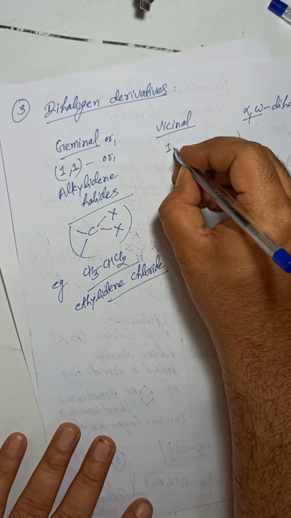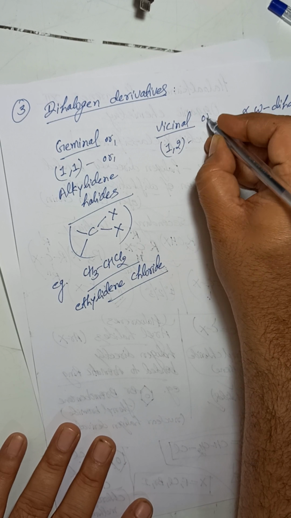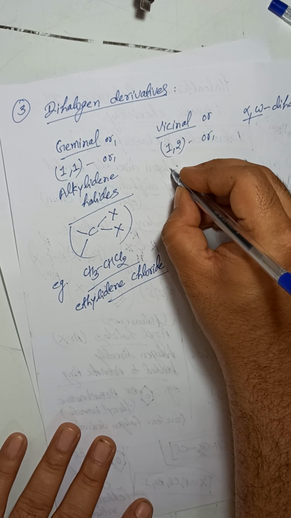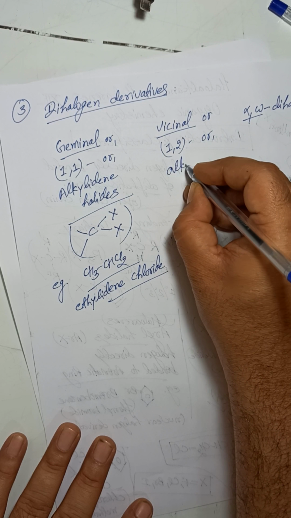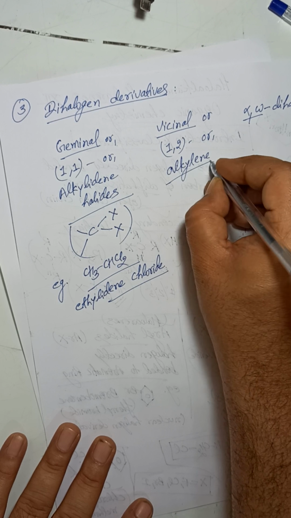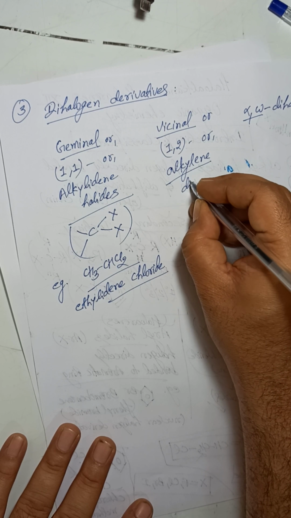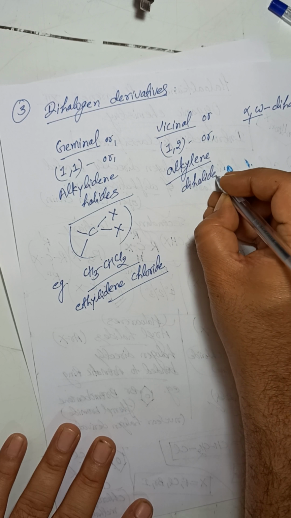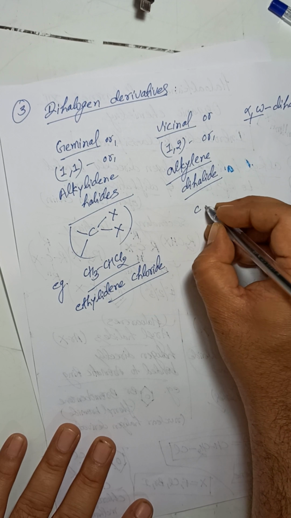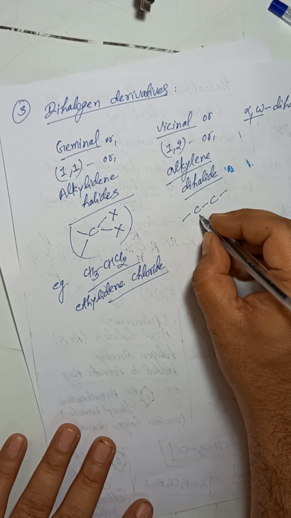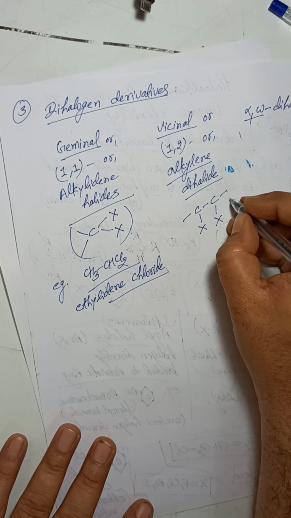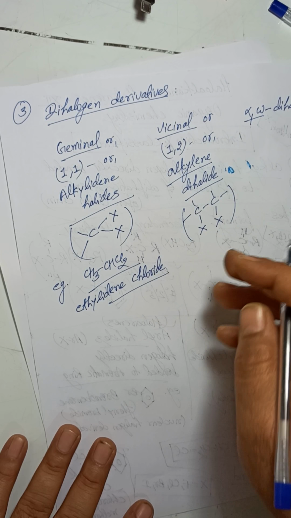Vicinal, 1,2, or alkylene dihalides. Example: something like this. Halogen repeated on adjacent carbons.